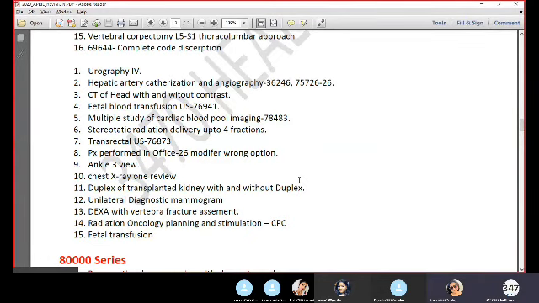Code is 77373. Yes, this is the correct answer.